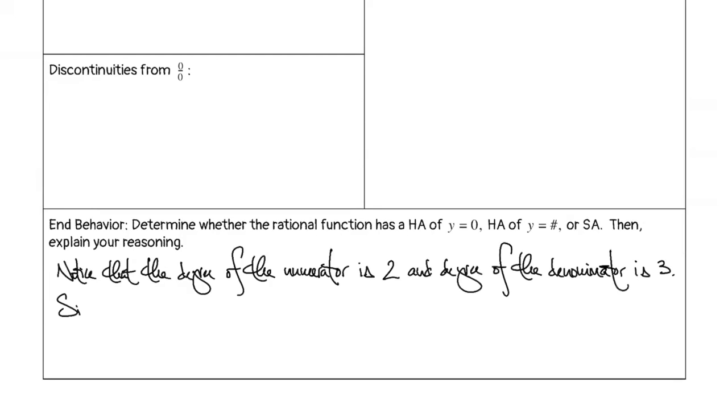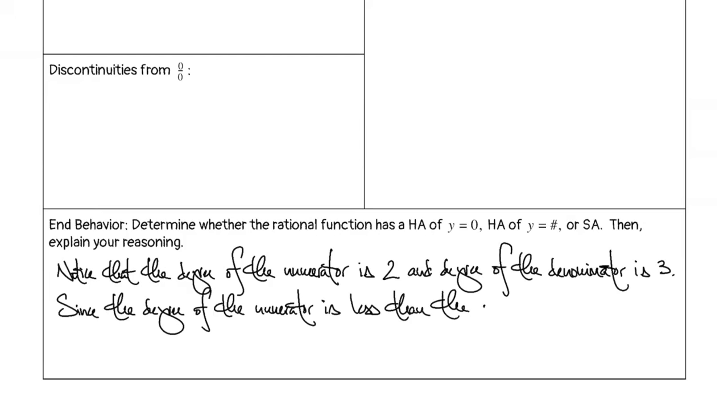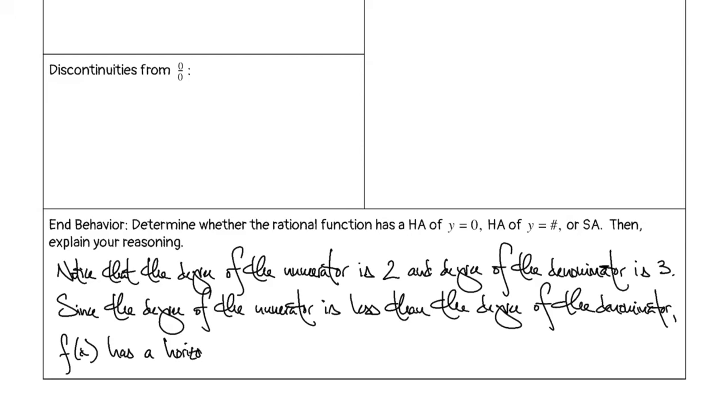Then we could say, since the degree of the numerator is less than the degree of the denominator, f of x has a horizontal asymptote at y equals 0.